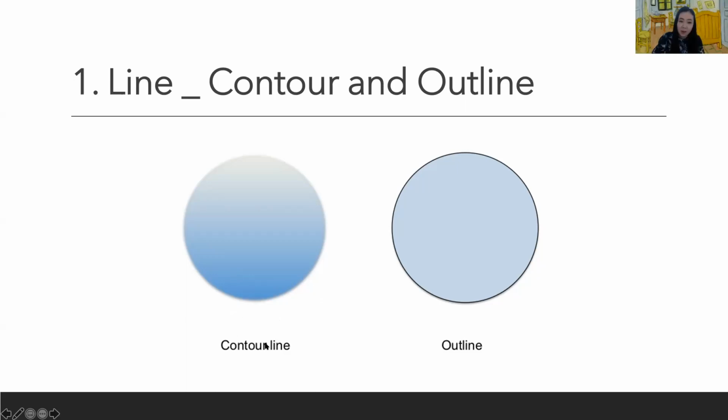So the contour line means there is no defined line like the outline on the right side. However, we can recognize there is a circle. So that is contour line. Without the defined line, by shading or color, we can see the physical object, and then we can call it a contour line.